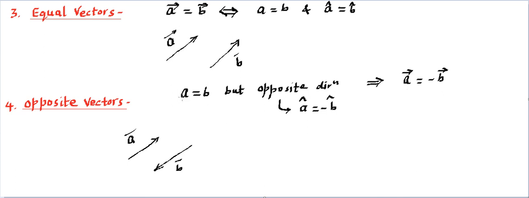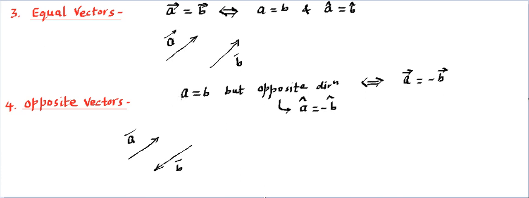So the magnitude of A is equal to the magnitude of B, right? This is true again both ways. That means A vector equal to minus B vector is known as opposite vectors, which implies the magnitude of A is equal to the magnitude of B, and the direction of A is opposite to the direction of B. Making sense?